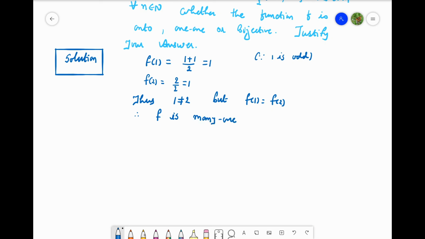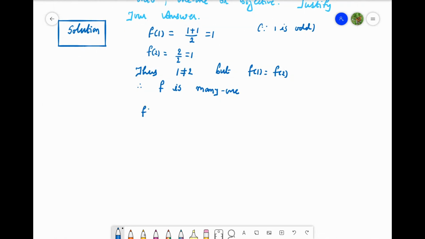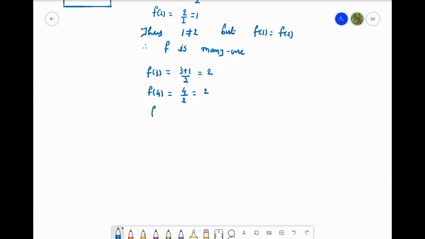Again, when we find further images, f of 3, 3 is odd, so (3 plus 1) by 2, 4 by 2, 2. f of 4, 4 is even, 4 by 2, 2. So range contains 1, 2, 3, etc. Let us find further images. f of 5, 5 is odd, (5 plus 1) by 2 by definition, this is 3. f of 6, 6 is even, so 6 by 2, that is 3, and so on.